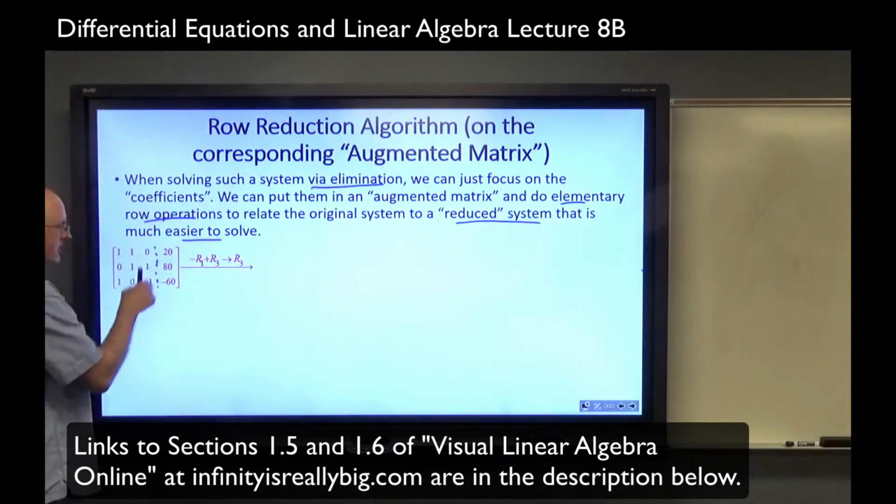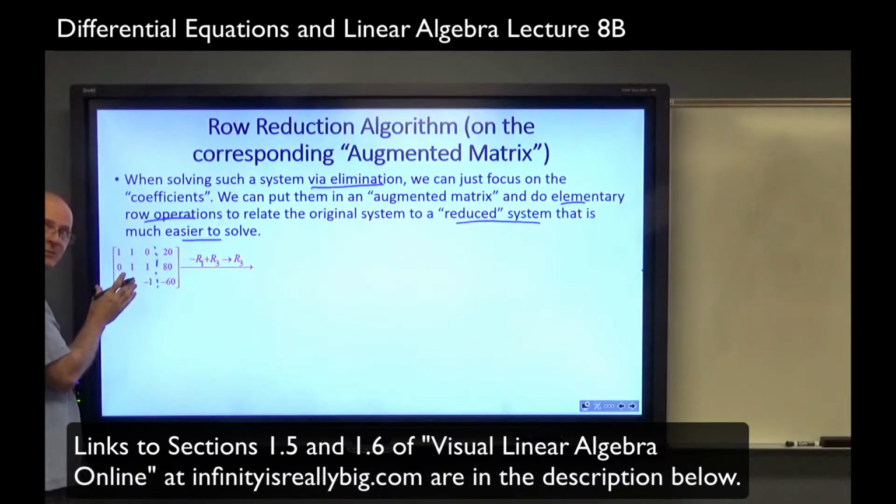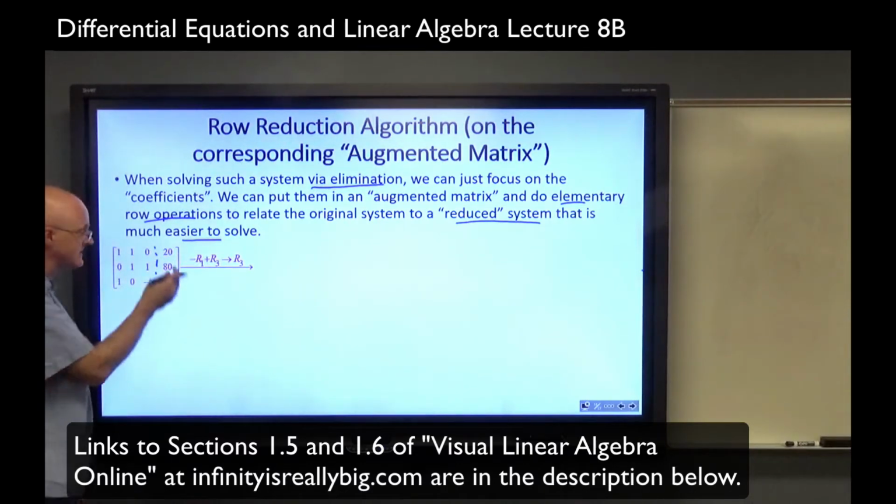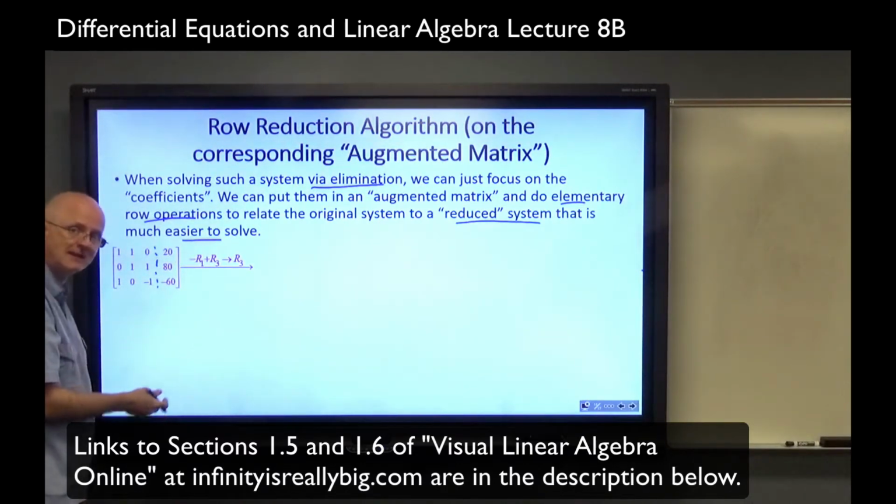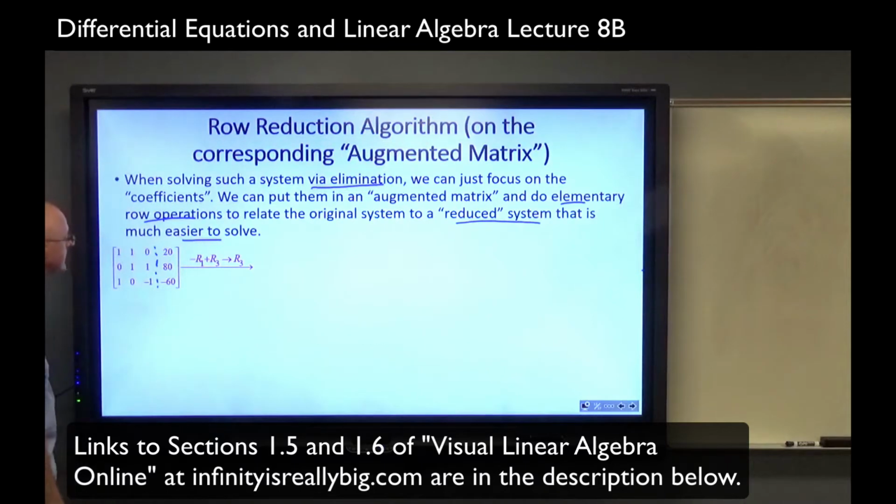And I like putting vertical dashed lines in my augmented matrices by hand to separate the coefficients of the x, y, and z left-hand sides from the numbers that were on the right-hand sides. 20, 80, negative 60 were on the right-hand sides of that last system on the previous slide. The first equation in that last system was x plus y equals 20.